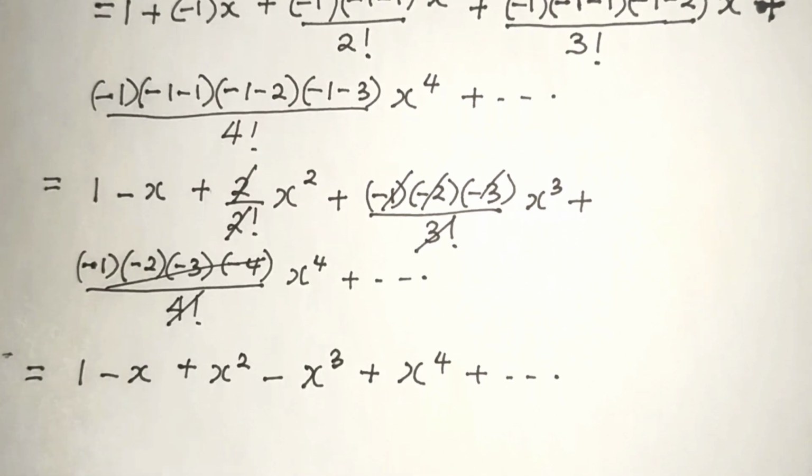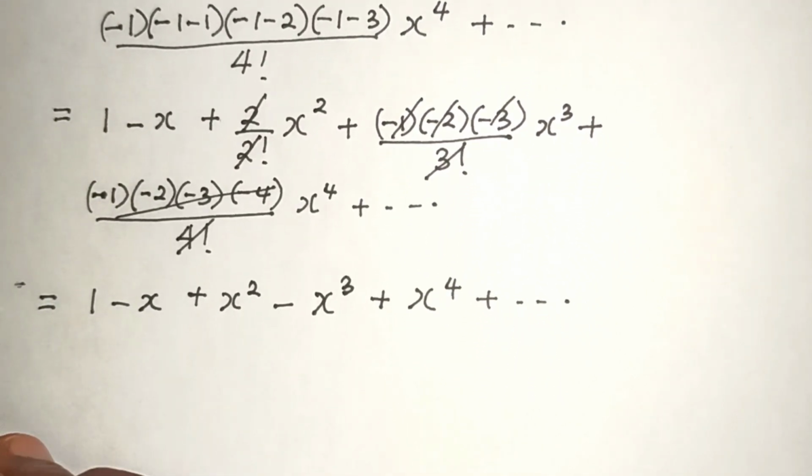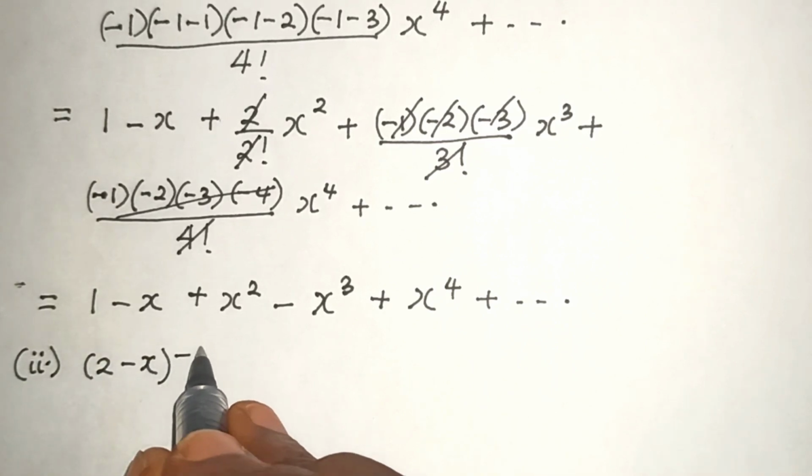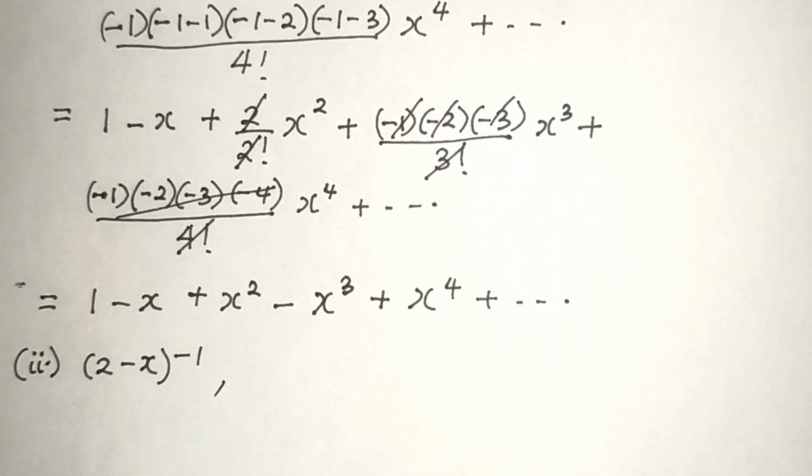Then we go to the second one now. II is the expansion of (2 minus x) to the power minus 1. Here, we are going to rewrite this binomial so that it looks like (1 plus x) to the power n.